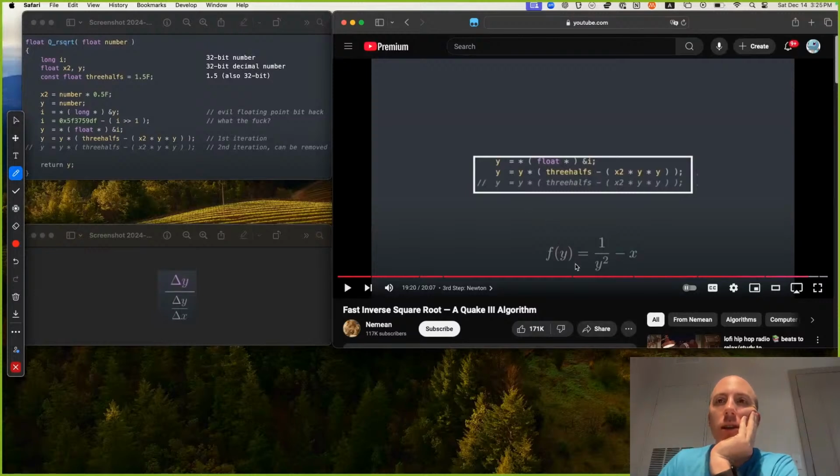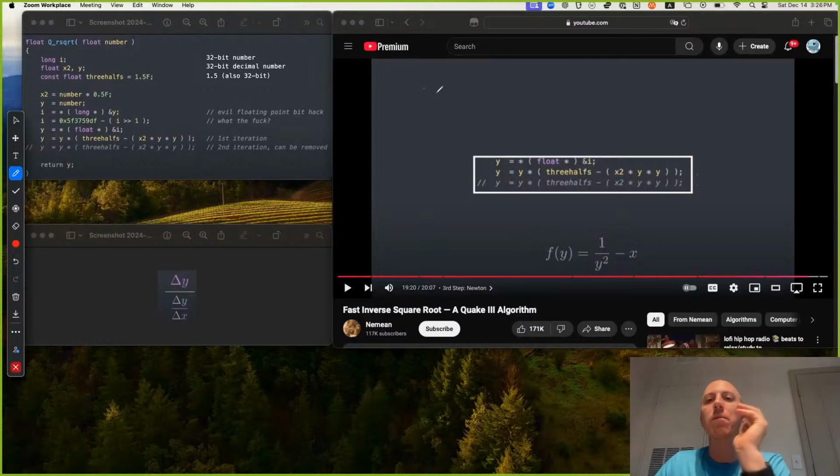He does say to find the root of this function, to do one iteration. Recall the Newton iteration thing. We're trying to find when this function yields 0.